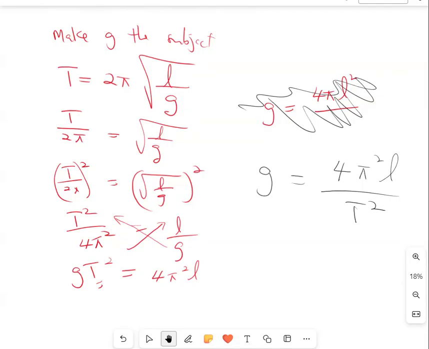Let me try one last one. I did say that was the last one, right? Well, we'll do one more. There's a famous formula in mathematics for the volume of a sphere. V equals 4 over 3 pi r cubed.